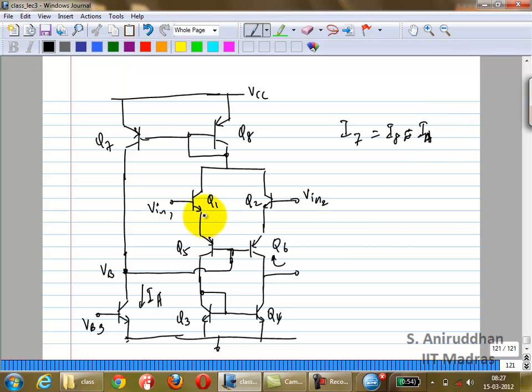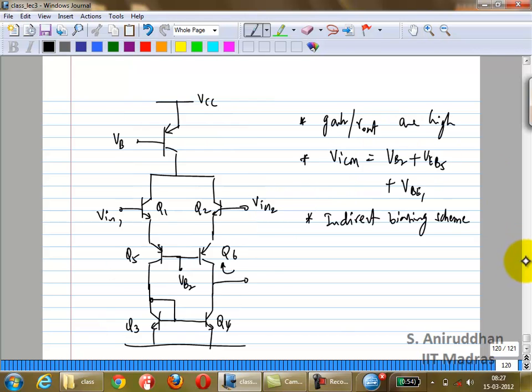So in this particular case, in both cases, you're just using the PNP in a common base configuration. One more advantage of using Q5 and Q6 like this, which maybe we should have discussed earlier, is that your input resistance increases. What happens if you have a resistance at the emitter?